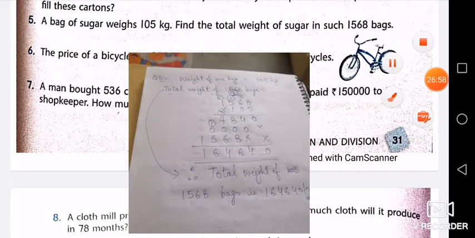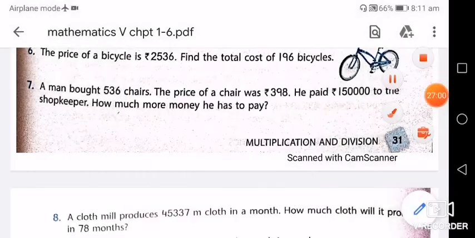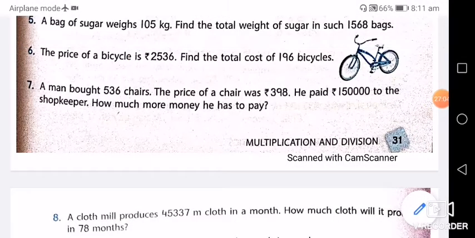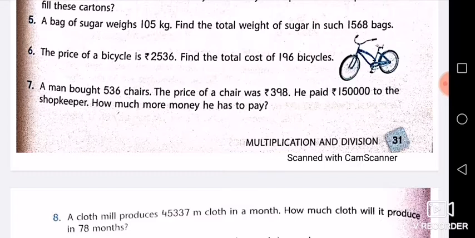Okay. Now next question. Next question number 7. Now a man bought 536 chairs. The price of a chair is rupees 398. He paid rupees 1,50,000 to the shopkeeper.